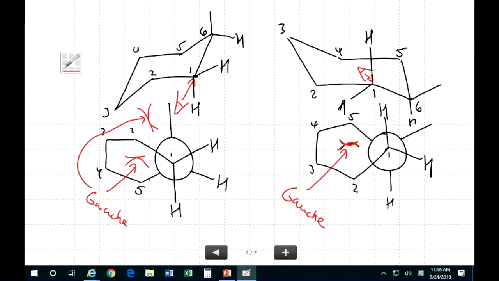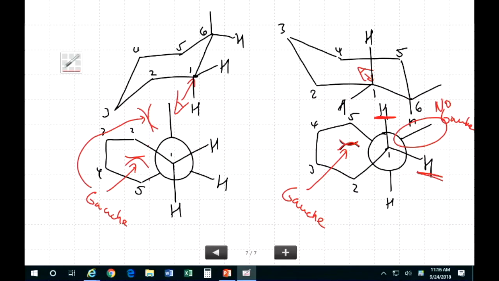But when I make my group equatorial, what happens is that now this group is between two hydrogens, and there's no gauche interaction with that methyl group anymore, because there's a hydrogen here and a hydrogen here.